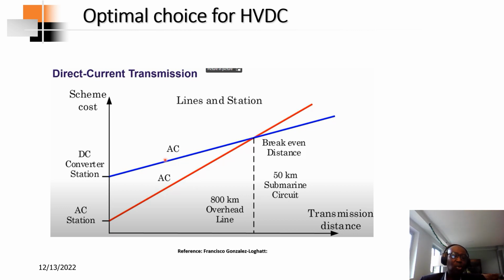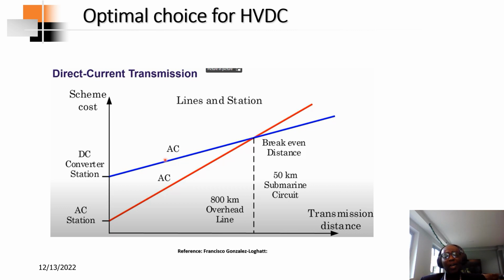As you can see, the cost of the AC station is much lower than the DC converter station. But like I told you, with time, after the break-even distance, it becomes cheaper if you implement DC converter stations.